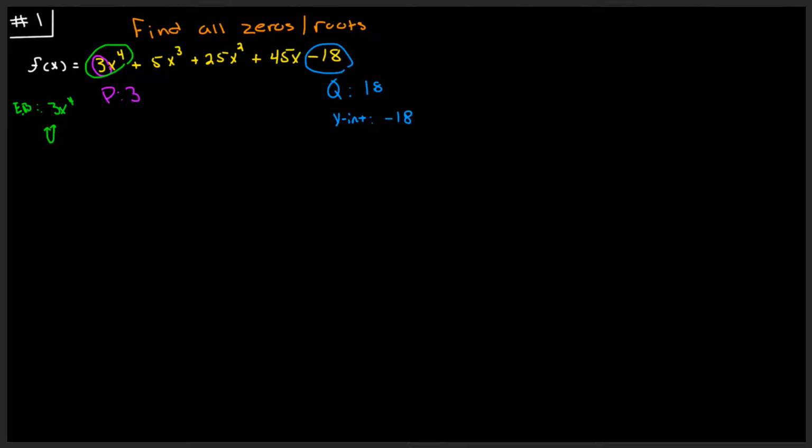And there's one last really important piece of information that you should automatically notice, and that's the power of your leading term is a 4. What this means is you can have up to 4 roots.